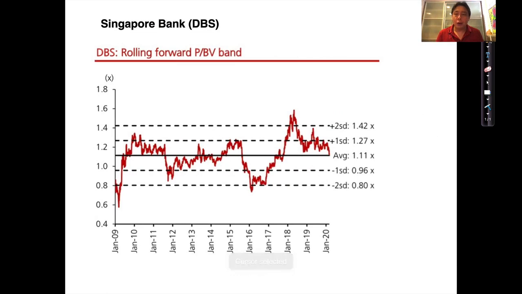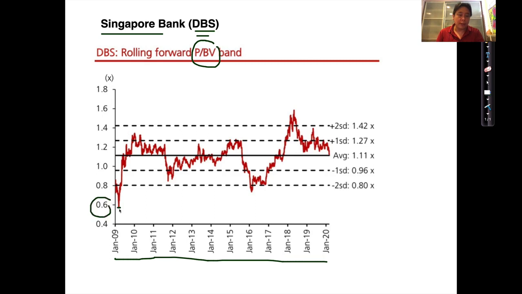So over here, I've got one of the biggest banks in Singapore, which is known as DBS. It's a Singapore bank. And you can see this chart showing you the price to book ratio for the last 10 years. And as you can see, it fluctuates, right? So you can see the price to book ratio went as low as 0.6 during the financial crisis.